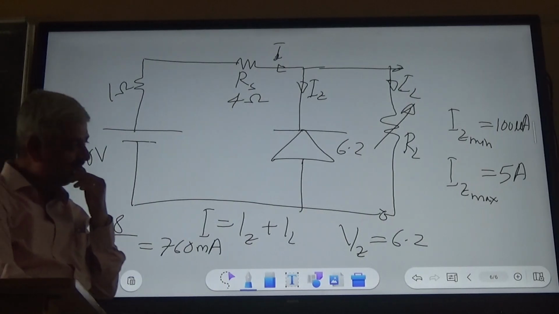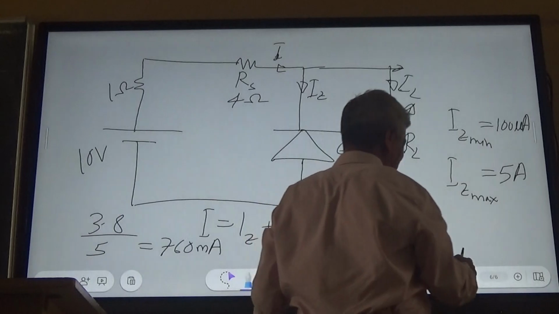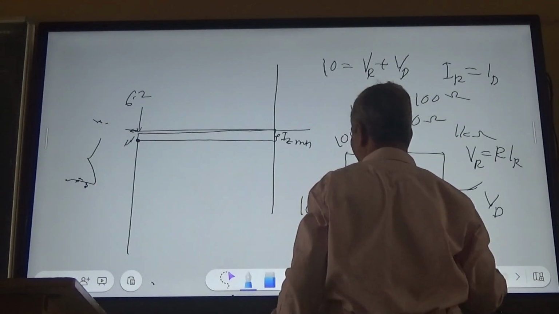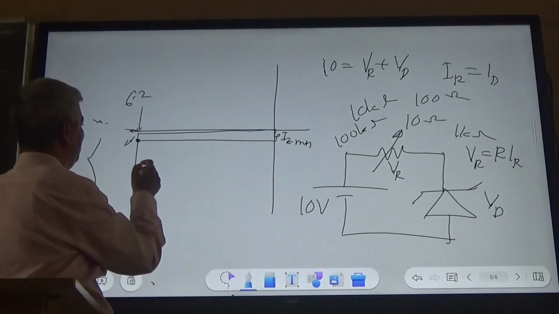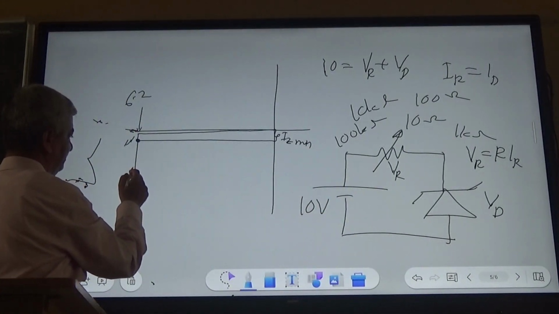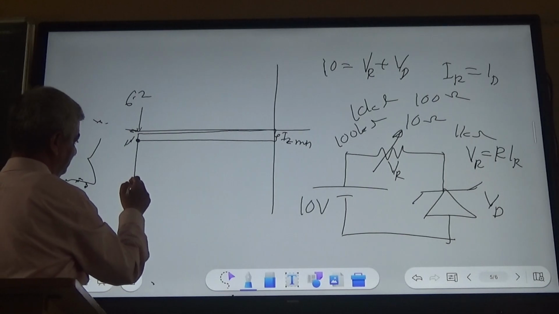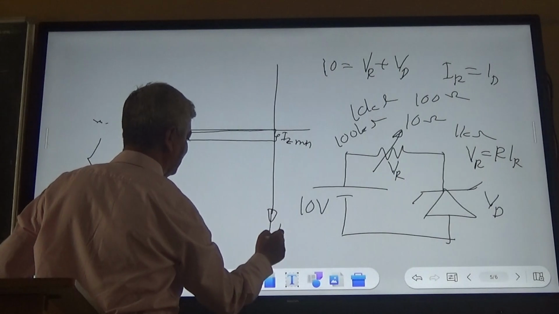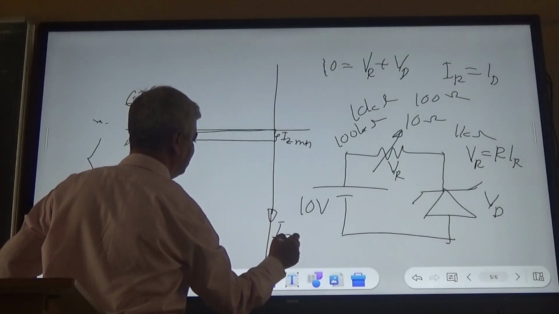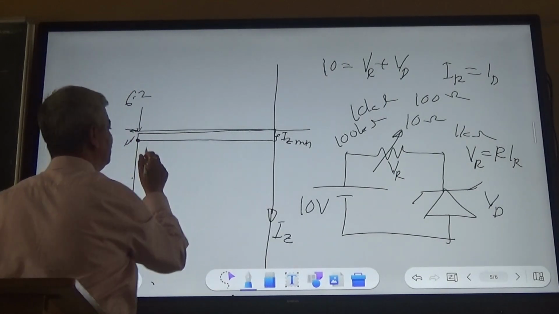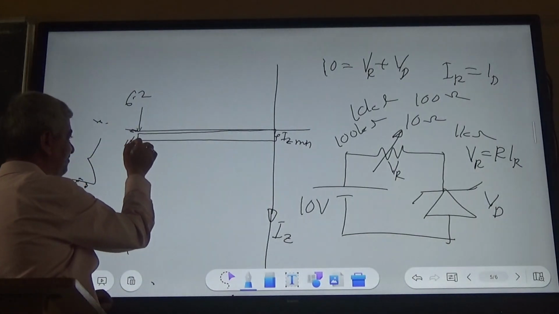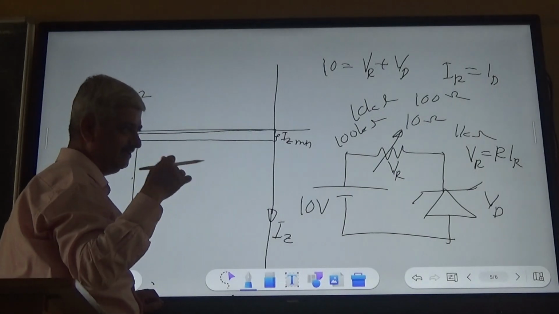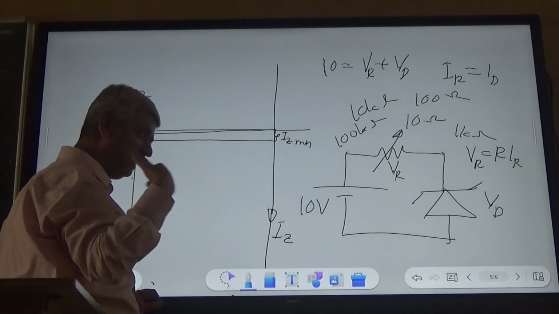So you will ask, what will happen? The reason is how the regulator operates in this characteristic. It's too flat. If I say this is IZ, and VZ, IZ we use interchangeably, sometimes 6.2 is specified.